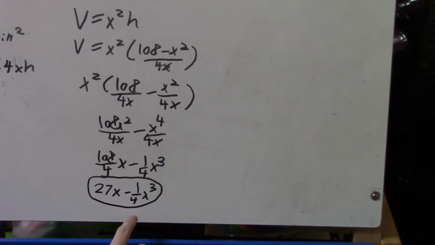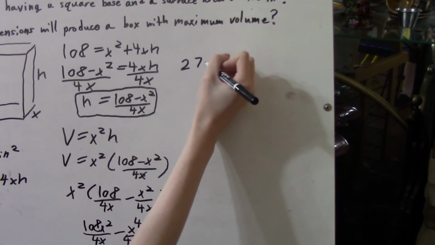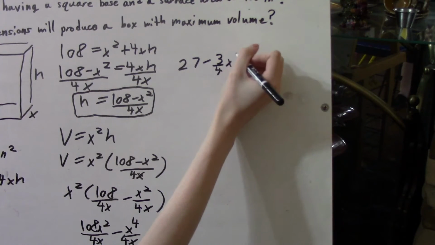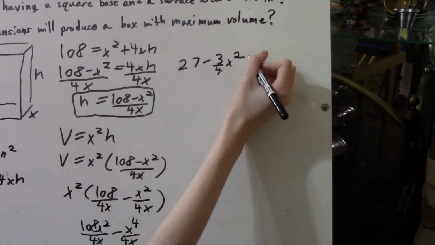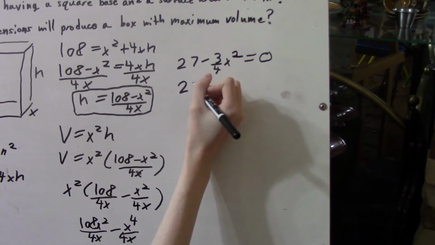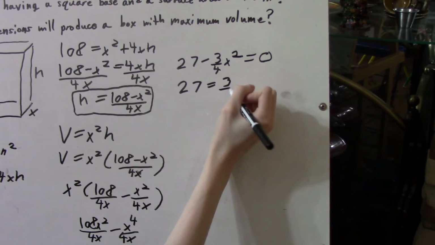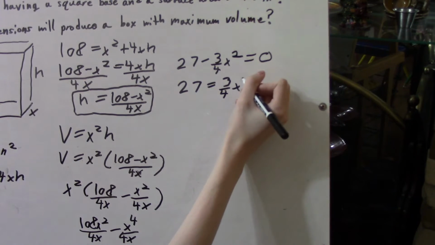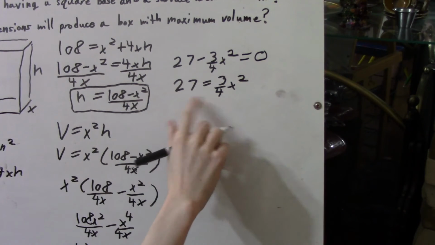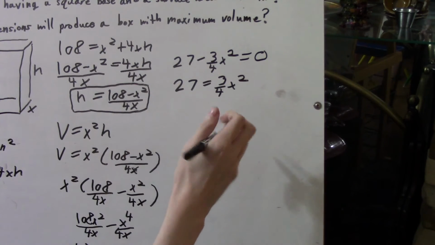So we're going to find the first derivative of this. 27 minus 3 over 4 x squared, and then set this equal to 0, and you'd get 27 is equal to 3 over 4 x squared. To get x by itself, you have to multiply each side by the reciprocal of 3 over 4, which is 4 over 3.